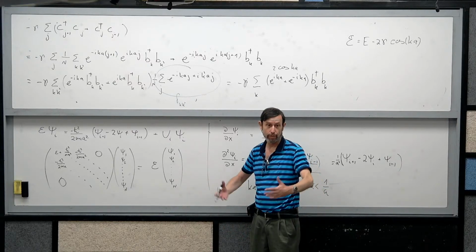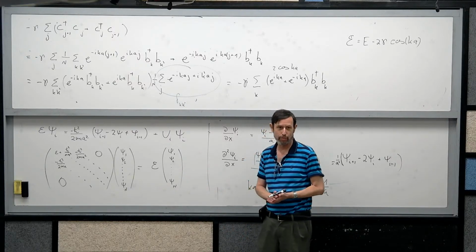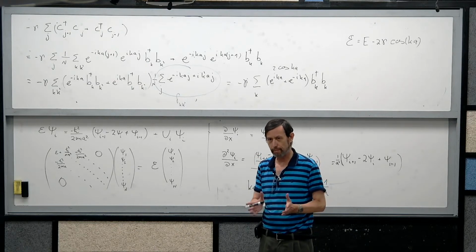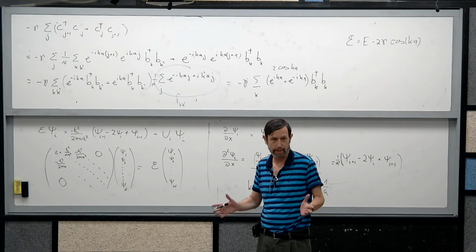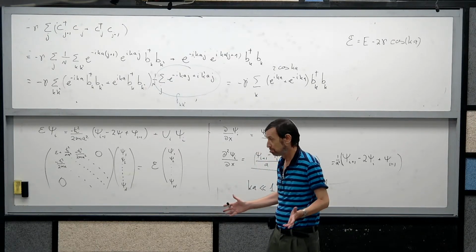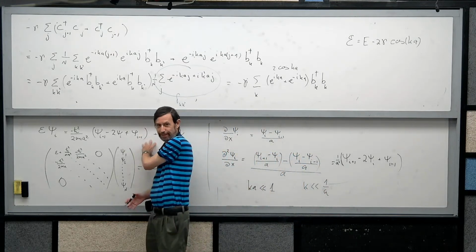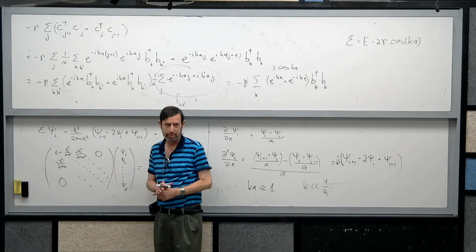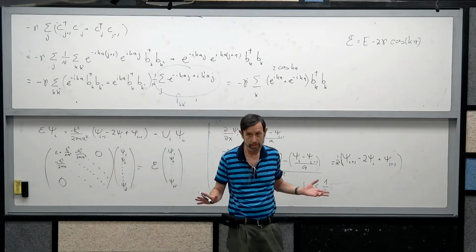That's a way to solve any of the problems that you ran into in at least the first semester of quantum mechanics. Just use this thing, write down a matrix, diagonalize it, and you solved it.